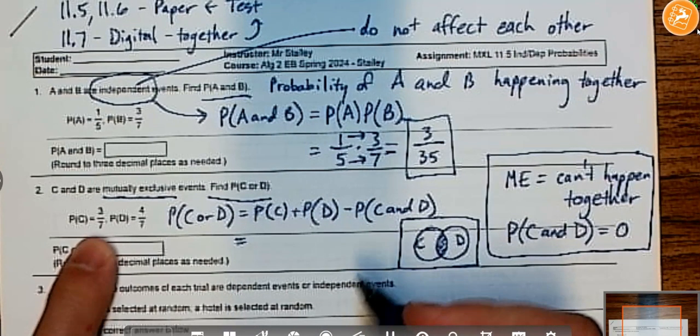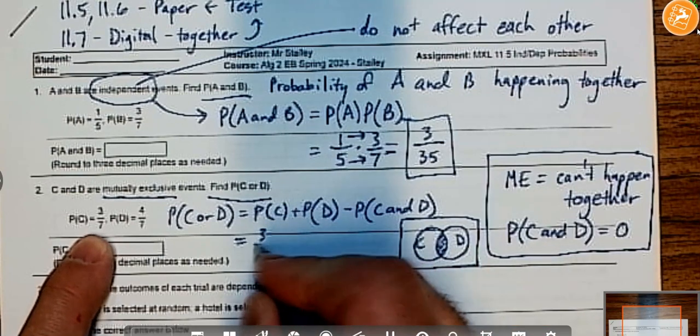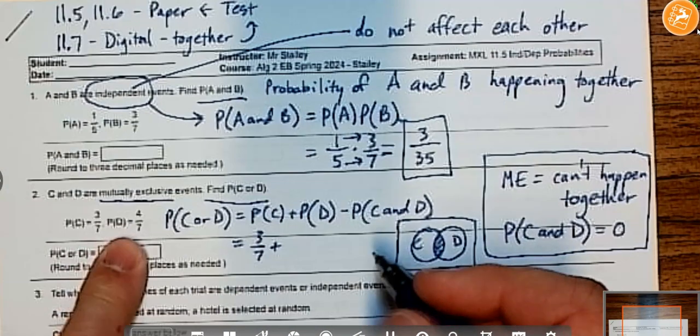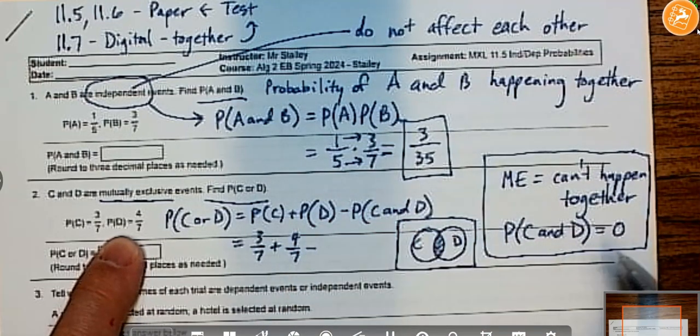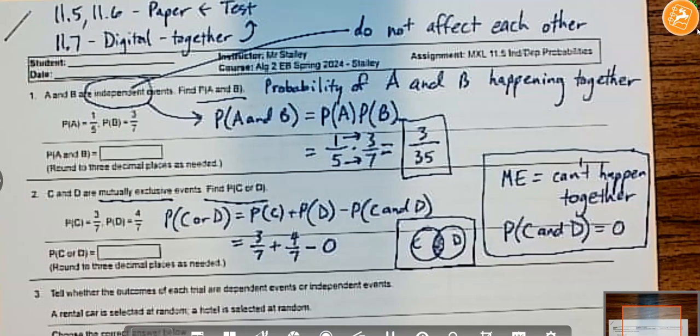Well, we got the probability of C, that's 3 over 7, plus the probability of D, that's 4 over 7, minus what they have in common, which is 0, right? It can't happen at the same time. So, if I add those two and subtract what's in the middle, what do I end up with?